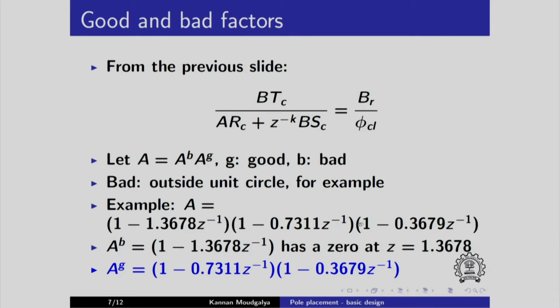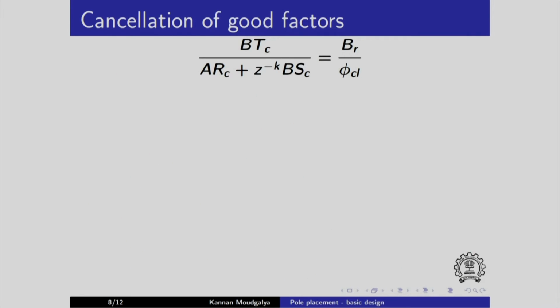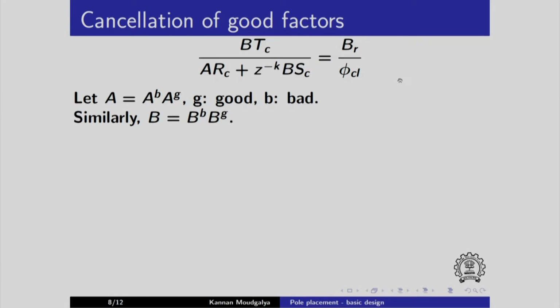Whatever is left after that is considered good, so we call it AG. You might have guessed why we defined good and bad factors. It is because we can cancel the good factors. Let us start with the expression we had in the previous slide. We split A as good and bad, similarly B also as good and bad.